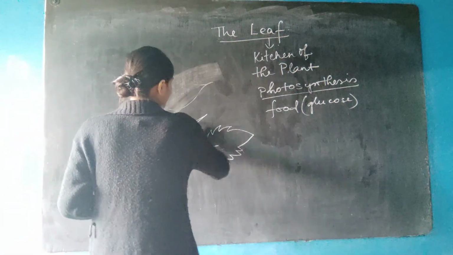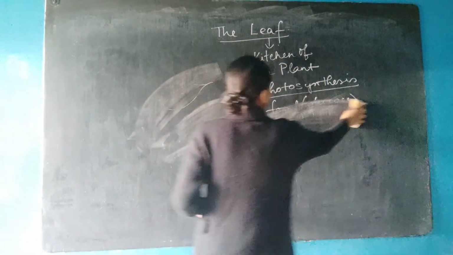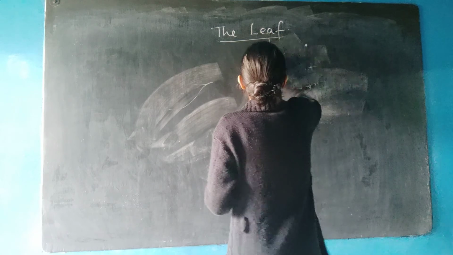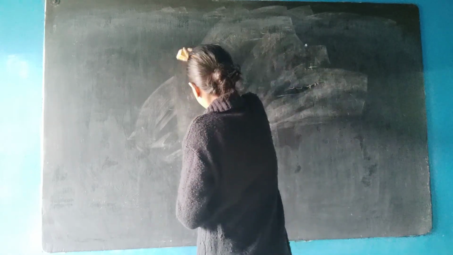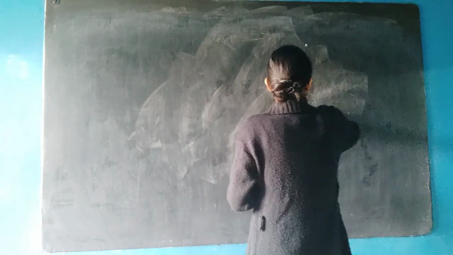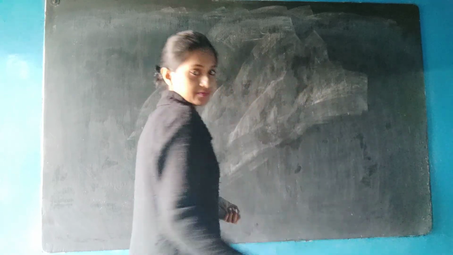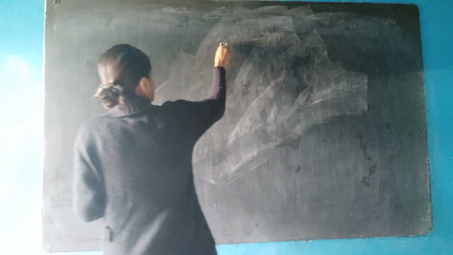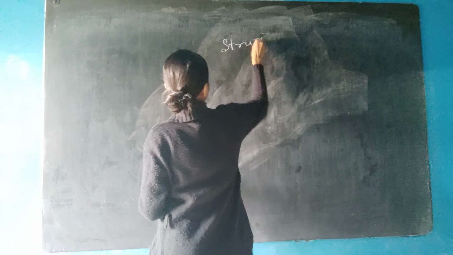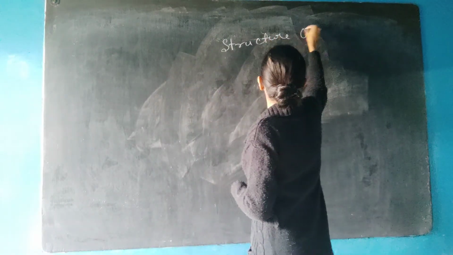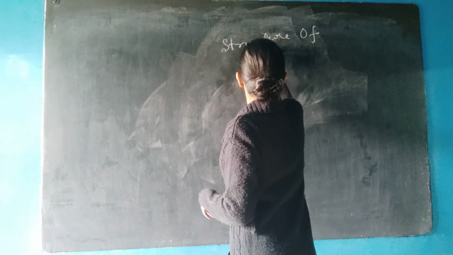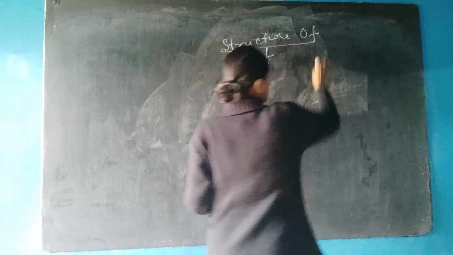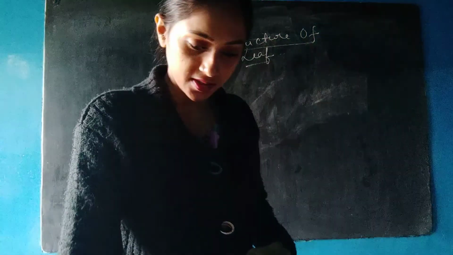Structure of leaf means how does it look like, or what are the parts of the leaf? The structure of leaf at first.